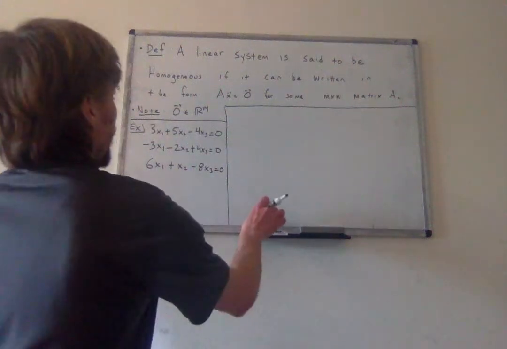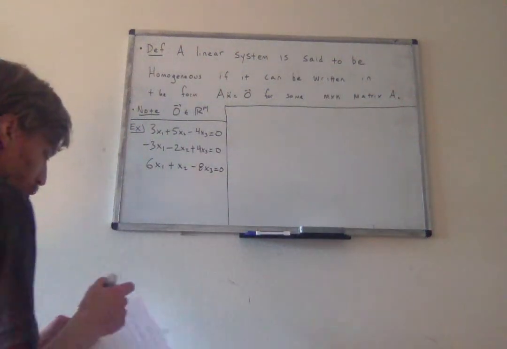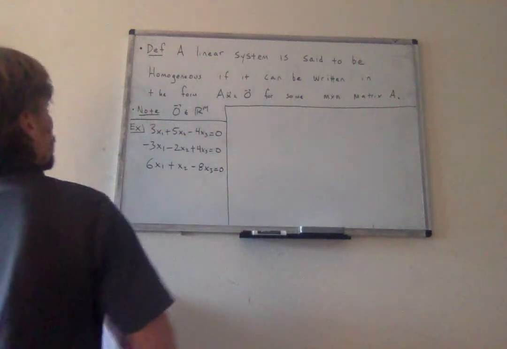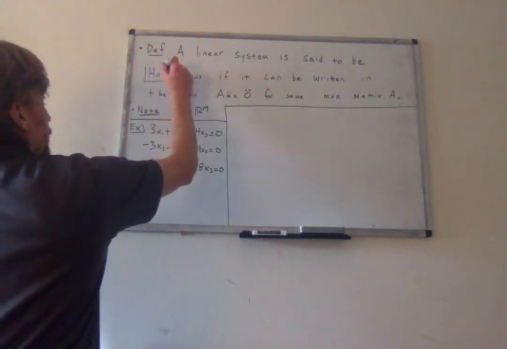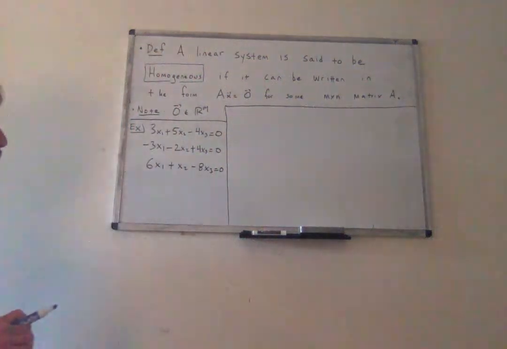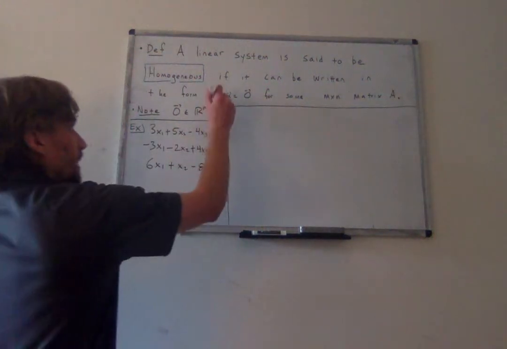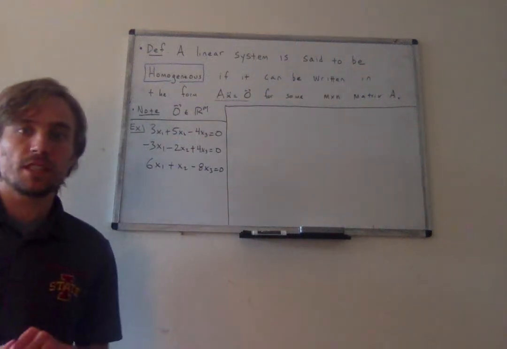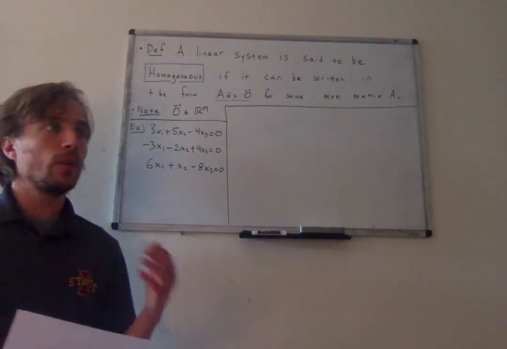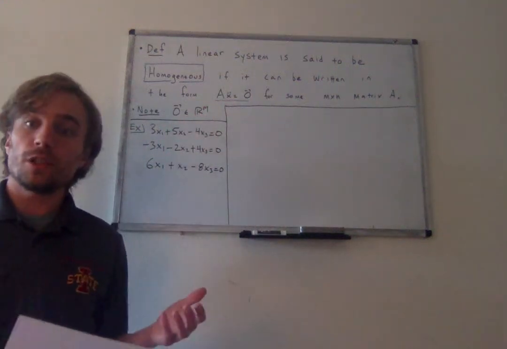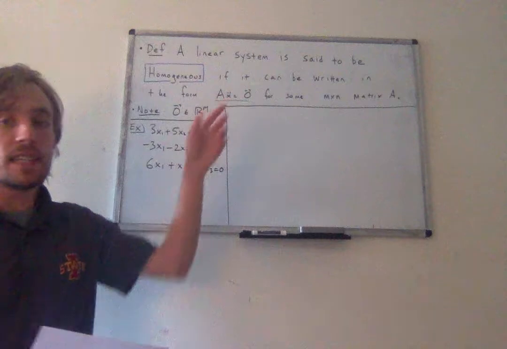So a linear system is said to be homogeneous, and this is the main definition we want to introduce in this video, if it can be written in the form Ax = 0. Remember, in the previous section, we discussed how we can take a linear system and express it as a matrix equation, Ax = b.